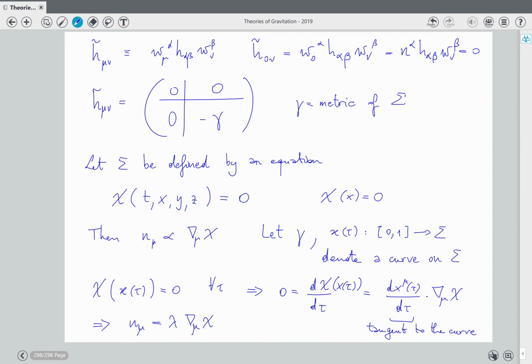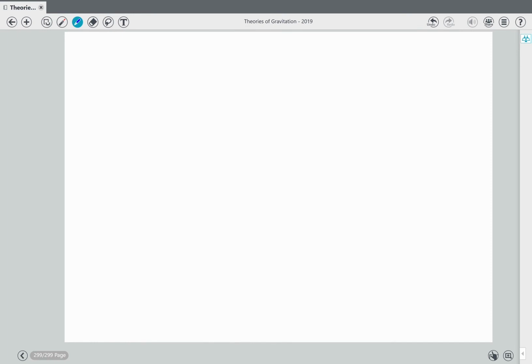Now, from now on, we assume n squared equals 1. Everything will be easily generalizable to the other case.